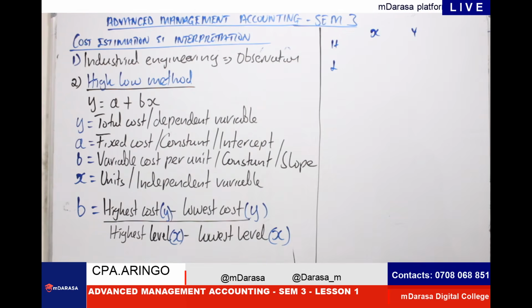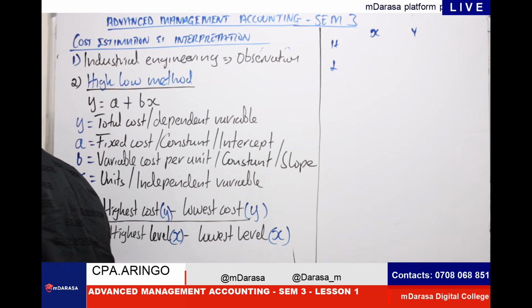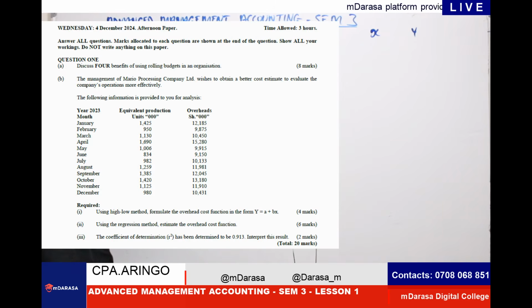In our question, let us determine the highest X and lowest X, as well as the highest Y and lowest Y. So what will we be having? I want you to help Mwalimu identify that.